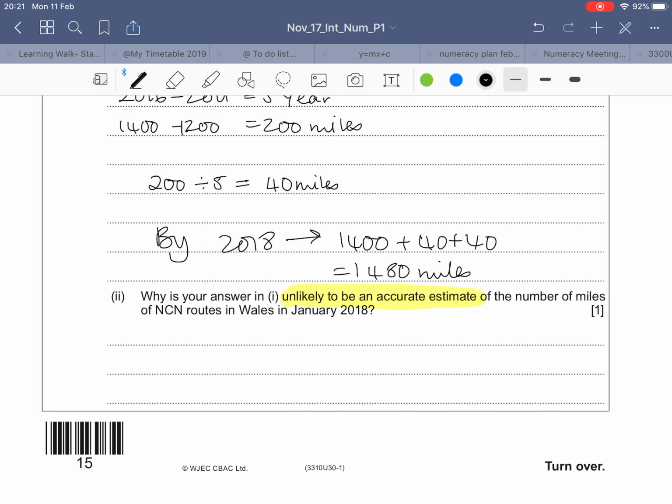We don't know what will happen. Cycling is becoming far more popular, so perhaps the amount of cycle track run every year will increase. Or in the other way, they could run out of money and there might not be any more cycle tracks for the next 2 years. Any of these answers will give you the extra mark. So I'm simply going to write, don't know what will happen.